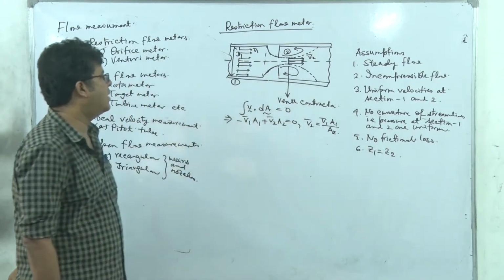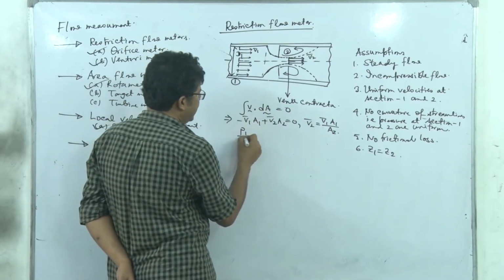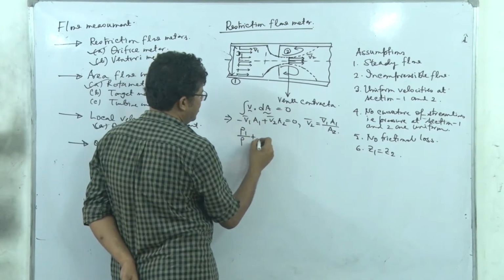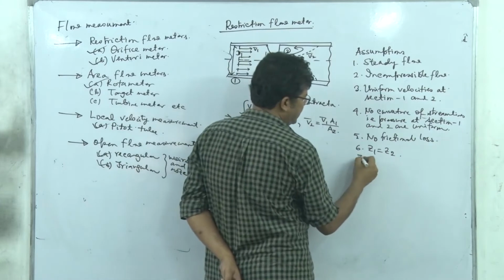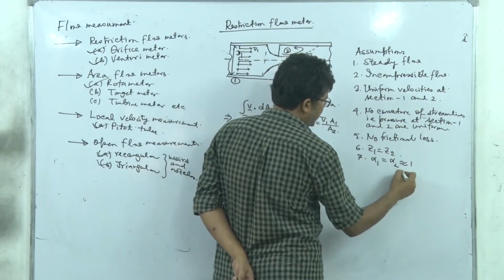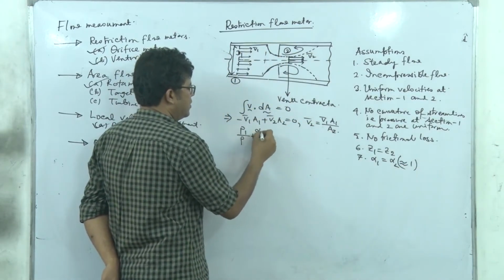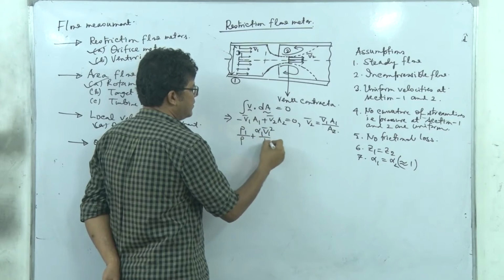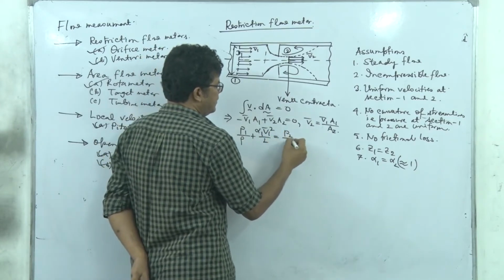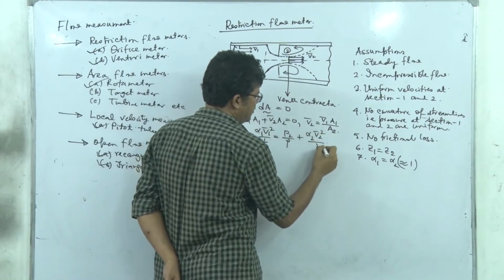Next we apply the Bernoulli equation between point 1 and 2. Here alpha 1 is close to 1, let's say. So P1 by rho plus alpha 1 V1 bar square by 2 is equal to P2 by rho plus alpha 2 V2 bar square by 2.